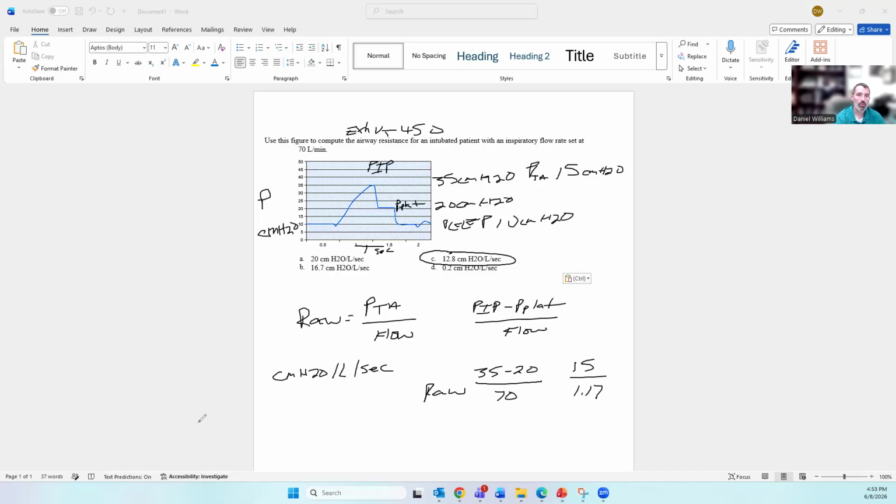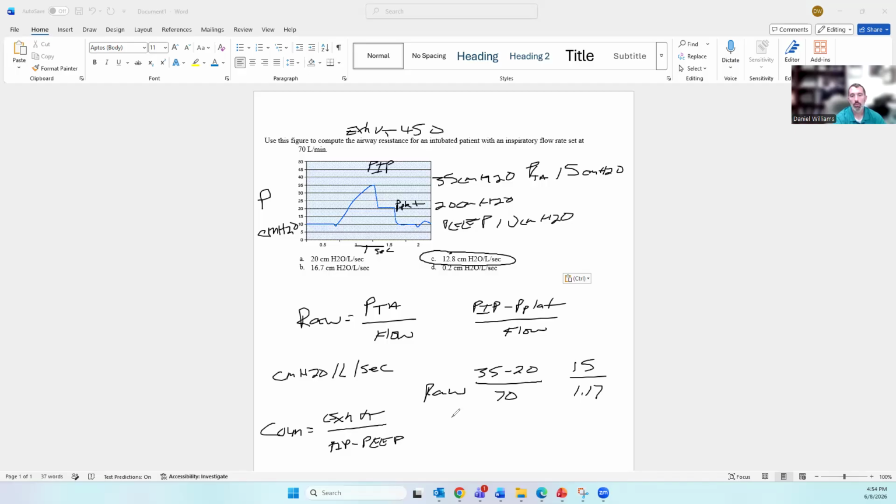So if you look at those formulas, just for the sake of time, I won't work them all out, but I will list them. So if we're looking at our dynamic compliance formula, CDYN, dynamic compliance, that's going to be exhaled tidal volume divided by your peak inspiratory pressure, PIP, minus your PEEP, positive end expiratory pressure.